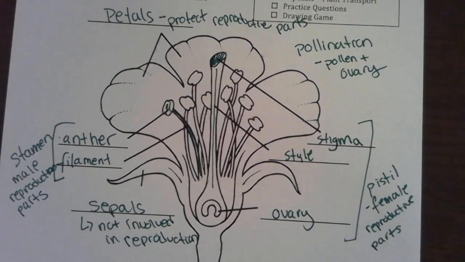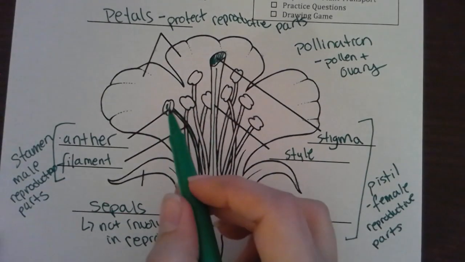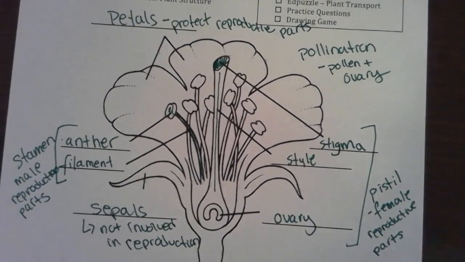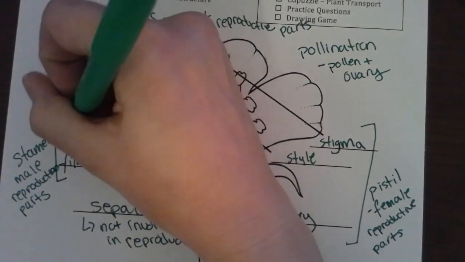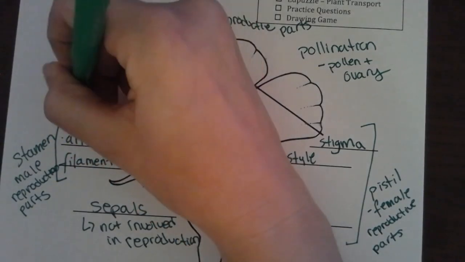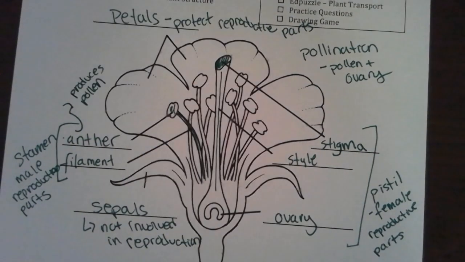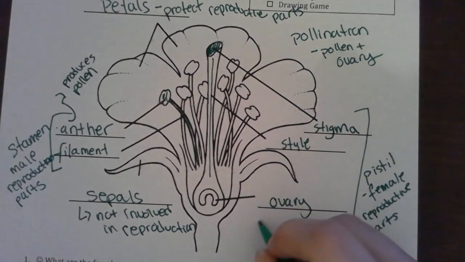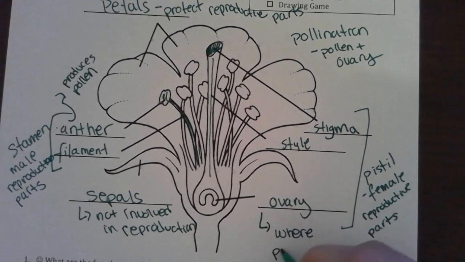That's the best way that I can put that. Pollen is going to be coming out of the anther or the stamen. So the anther produces pollen. Now pollination occurs in the ovary. So the ovary is where pollination occurs.